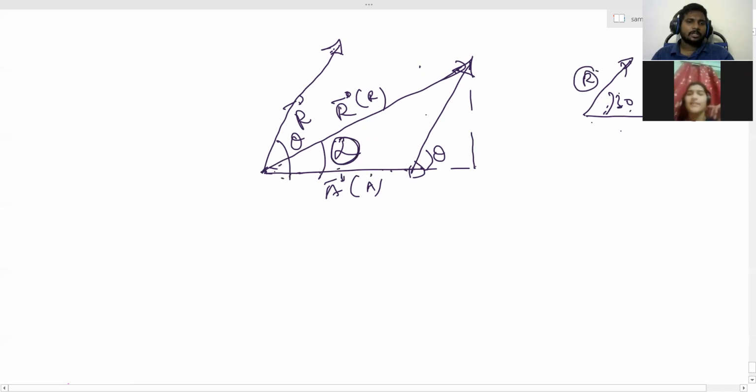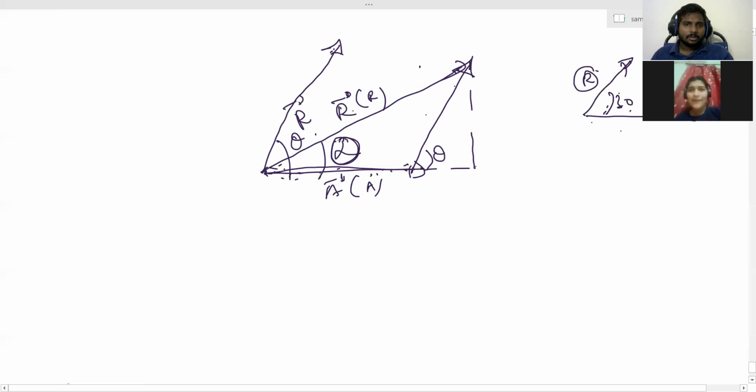Towards north of east. Yes, sir. That is just an example. If you know the angle at which this R is there with A or B also, we can give some direction to the R also, representing which direction it is oriented.